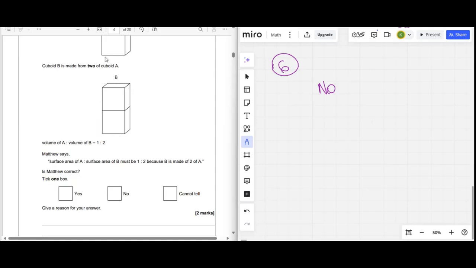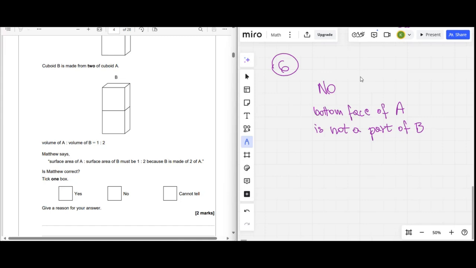So that's no, and that bottom from A, which is hidden there, it's not a part of the surface. Give the reason. Bottom face of A is not part of B.